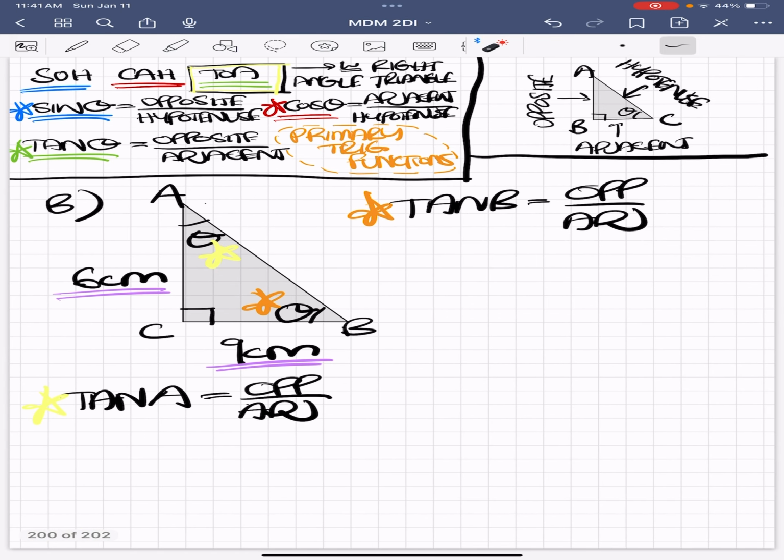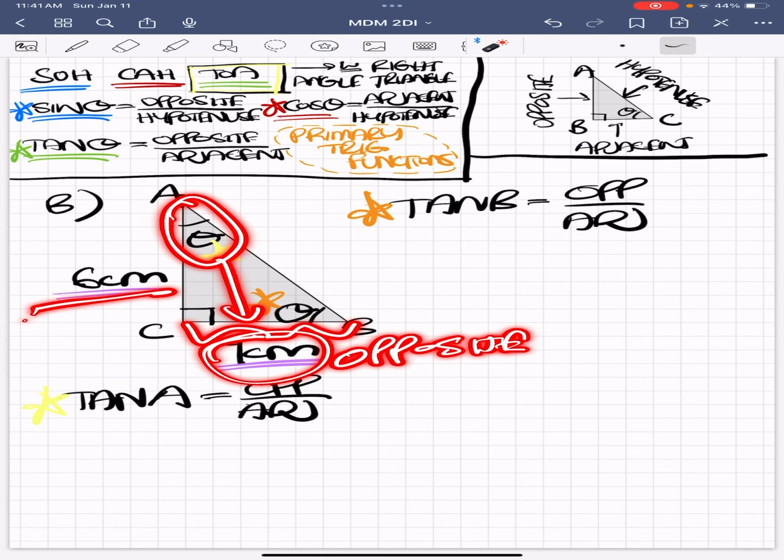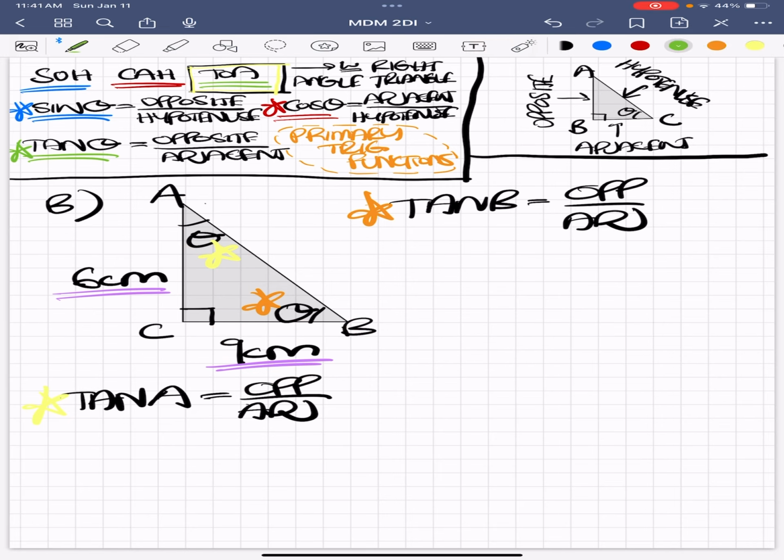All right. So we have tan A. So this side would be the opposite side, 9 centimeters. This side would be the adjacent side, 6 centimeters. So let's calculate that.